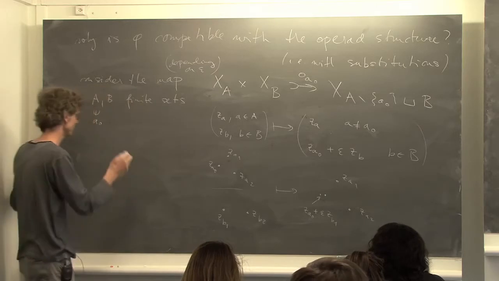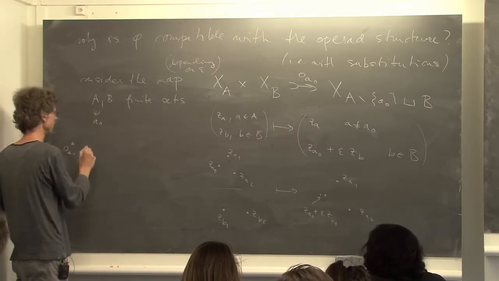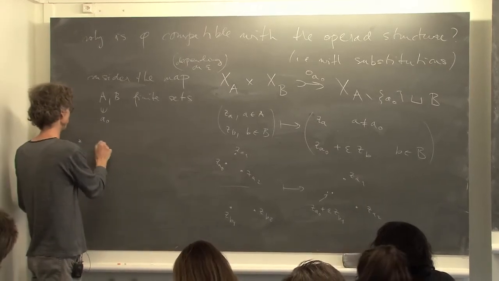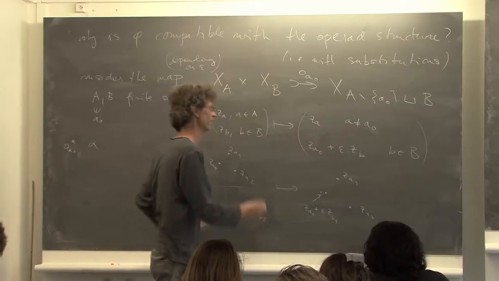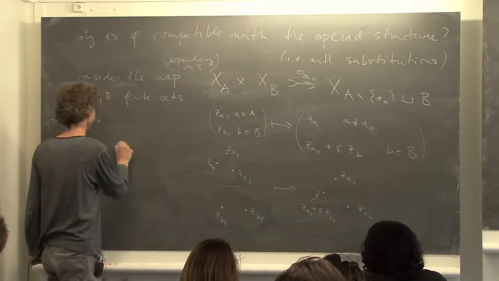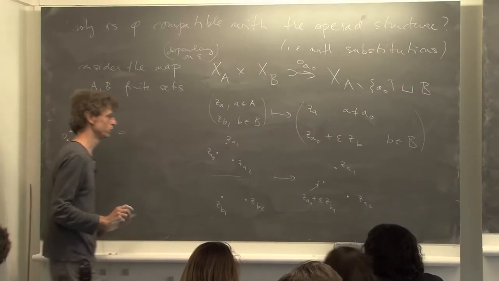So what's happening exactly? So o A0 star of this alpha, whomever that is, is equal to, so what do we see there?